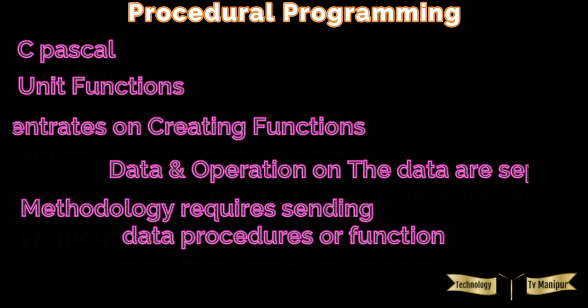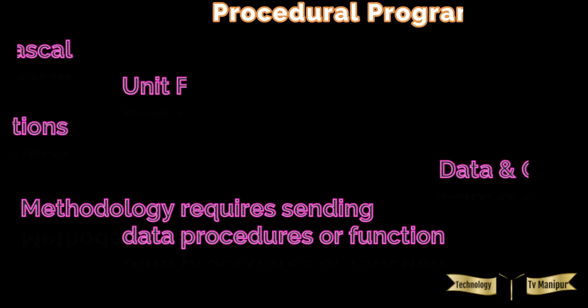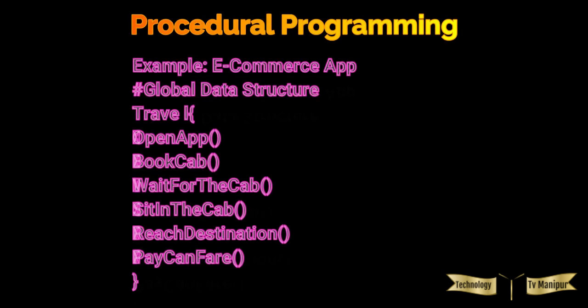From the point of view of procedural programming, we create some global data structure which holds the data. For example, in case of our cab service, which cab service it is, which type of job it is, and at what location this guy is standing. All these kinds of data are stored in a data structure.